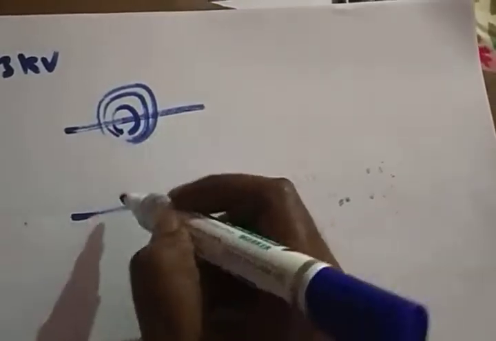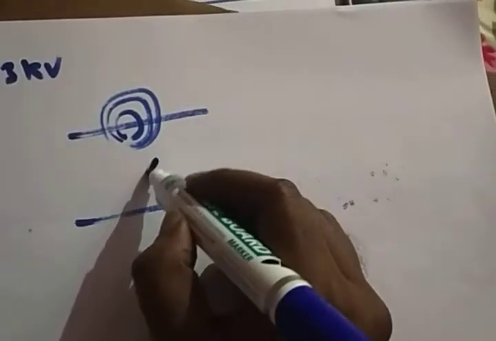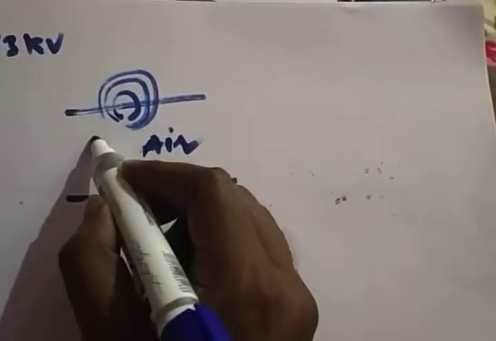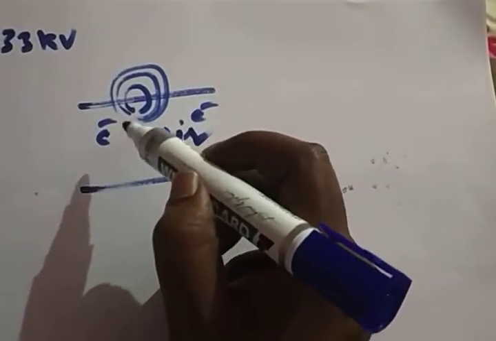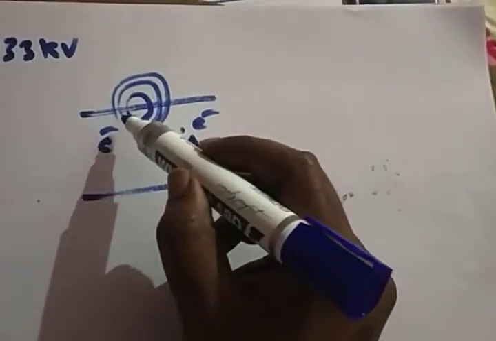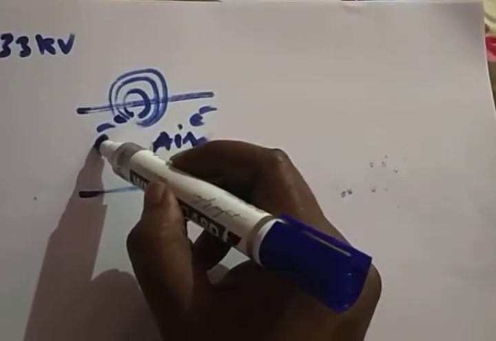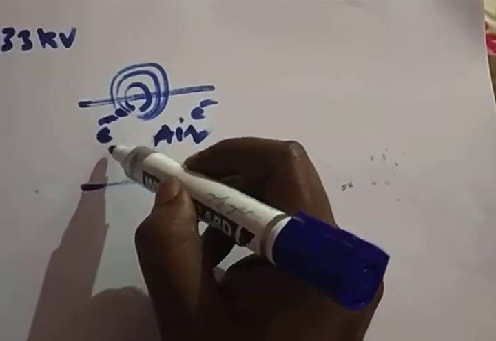Due to that potential gradient, the free electrons in the air, which is an insulator between the two conductors, come into play. Some free electrons will be present. When the surface of the conductor has more stress, more voltage, the electrons collide with other electrons, and the force on the electrons increases.